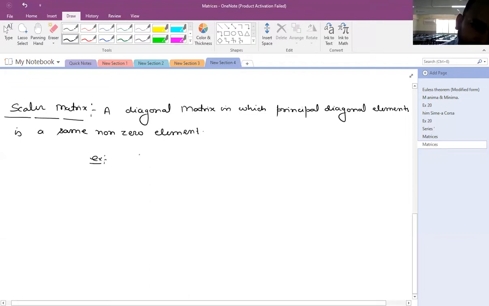Example: 2 2 2 with 0 elsewhere. So this is a scalar matrix.